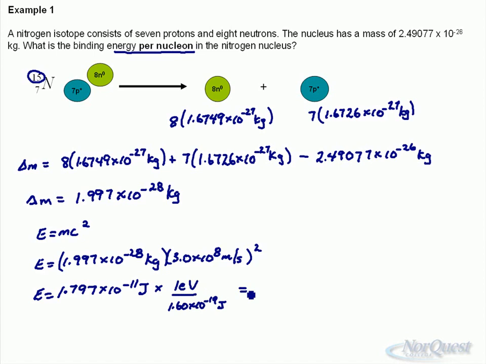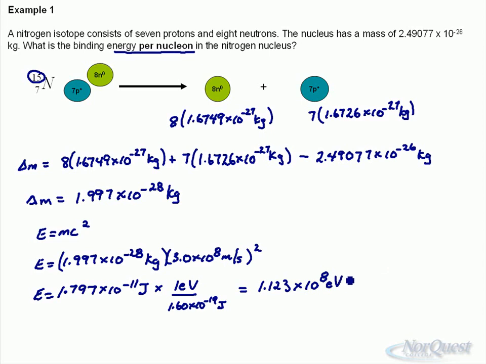So we're going to divide by 1.6 to the exponent negative 19, and you get 1.123 times 10 to the 8 electron volts.